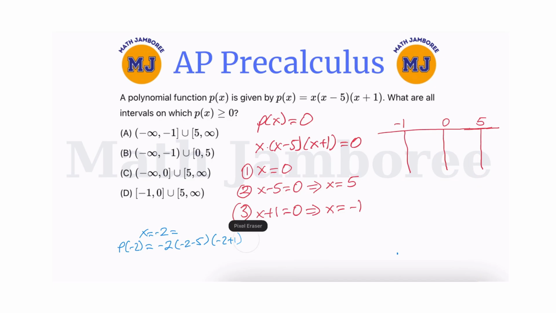This gives you negative 2 times negative 7 times negative 1. When you multiply all three together, you get negative 14. So P of x is negative in this interval. This means that on the left side of negative 1, we have all negative values.